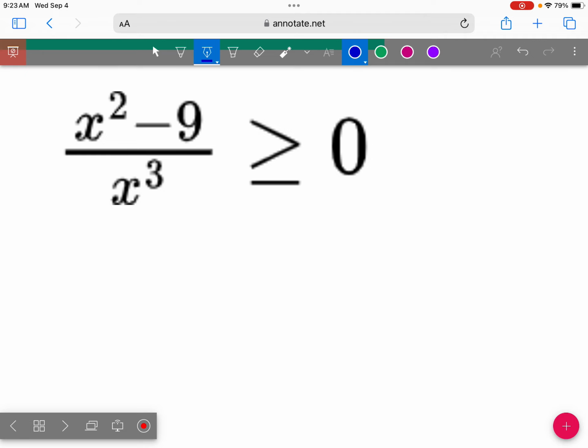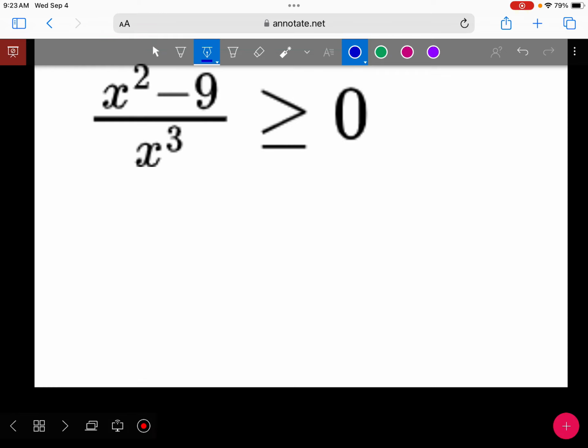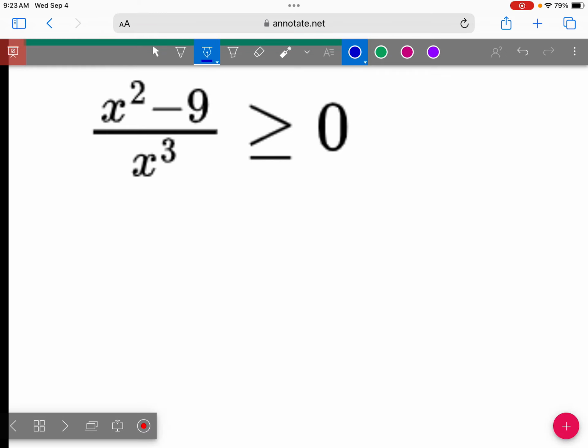I think NASA used this. Yeah, NASA. It's advanced. Actually, it's not. It's like easy. This is for beginners, for college. Okay.